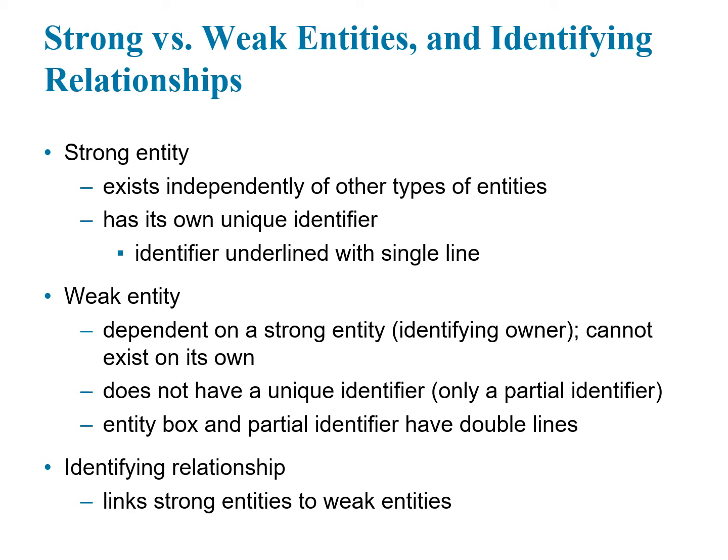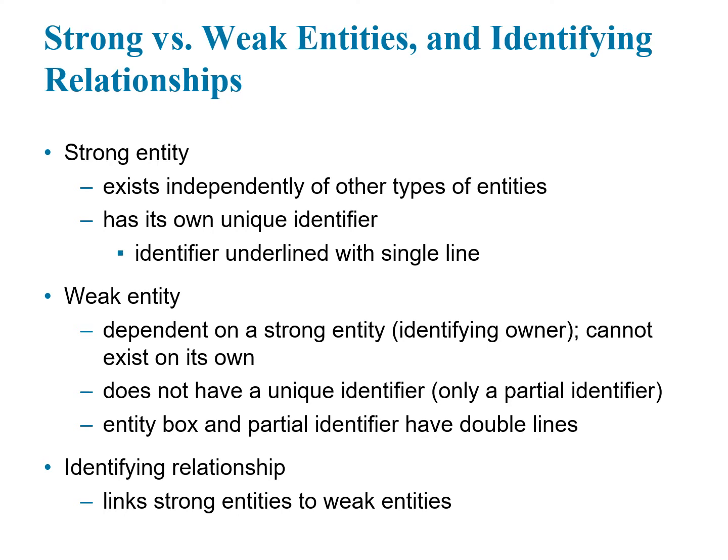So sometimes these are called independent entity types. In contrast, a weak entity type is an entity type whose existence depends on some other entity type. So these are sometimes called dependent entity types.